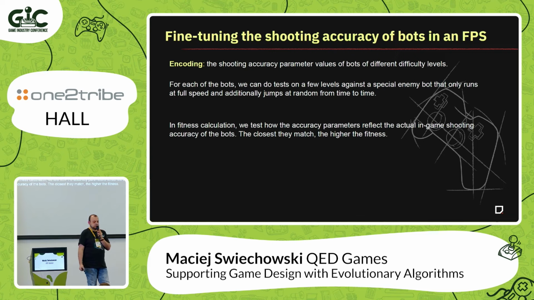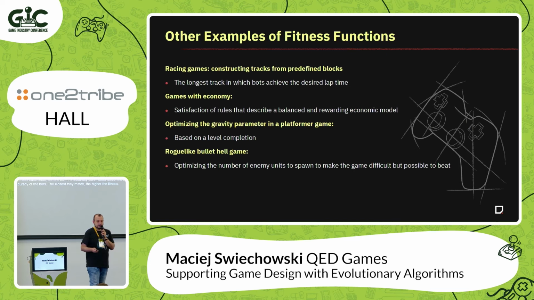So we can just do it empirically. The encoding would be some shooting accuracy parameters of the bots, and then we test what the actual shooting accuracy is in-game and assign a fitness value based on the deviation from the expected shooting, and then we can just fine-tune it. So maybe the set accuracy would be higher than the one we expect.